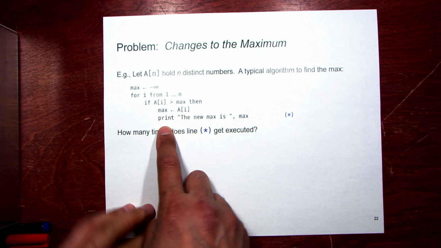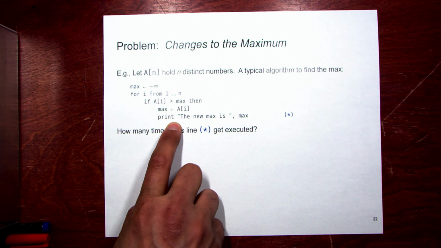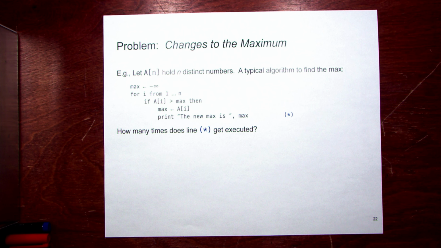But there might be some expense to doing that. We all know that this thing runs in order n time, right? But how many times does this line run? How many times do you update the max? This can be relevant if you're updating the max on some largish database as a live quantity.